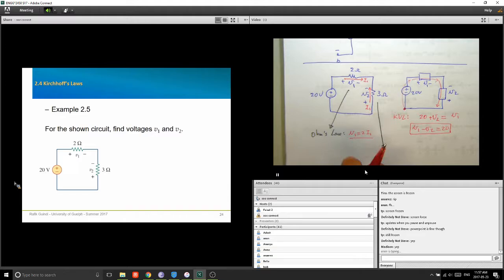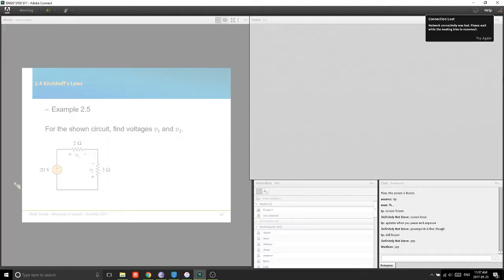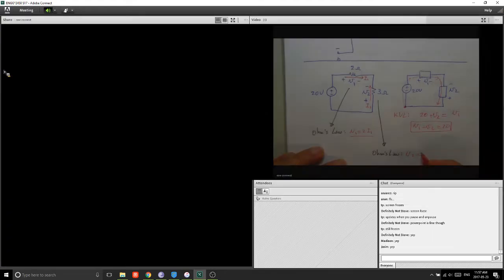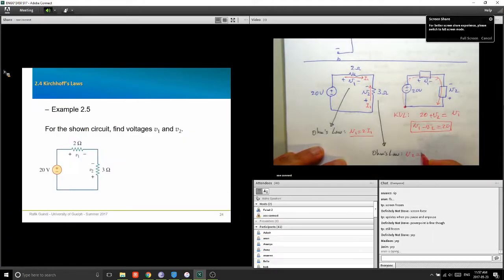I2 should flow in this direction because it has to flow inside the resistor from the high to the lowest. That's what Ohm's law tells us. 3I, sorry, that's I2. So V2 equals 3I2. Okay?